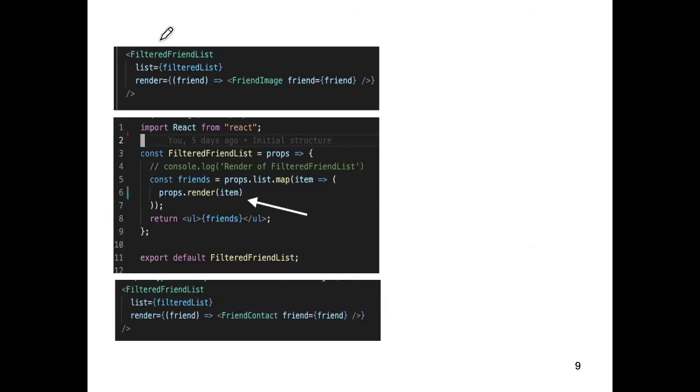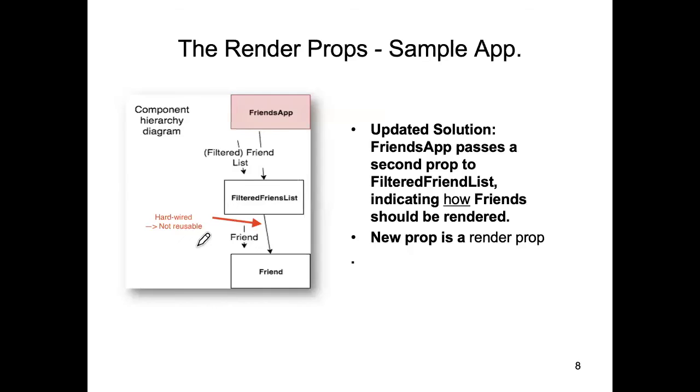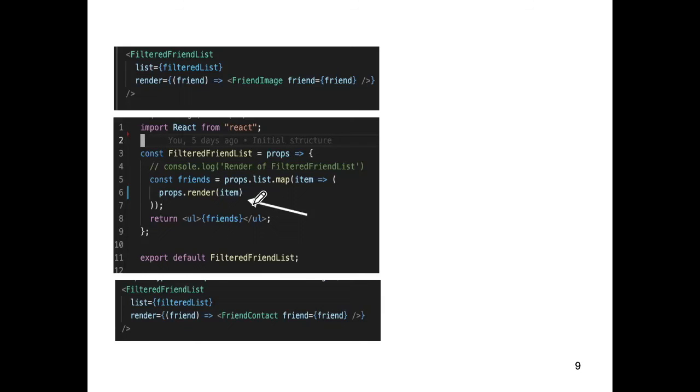Here are excerpts from the code. The code in the middle is the implementation of my filtered friends list component. That's this one here. And you remember from last week, what that receives as a prop was an array of friend objects. So that's still the case.